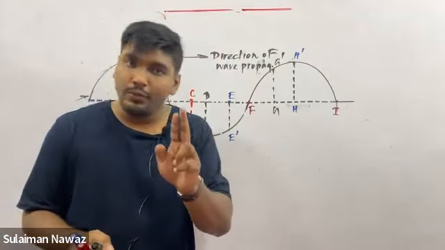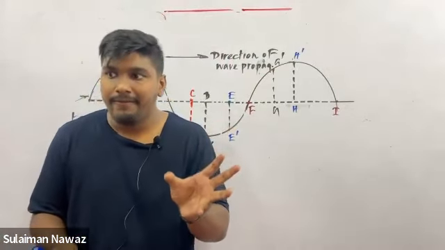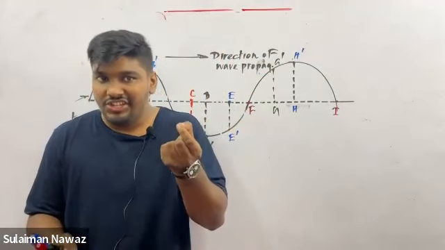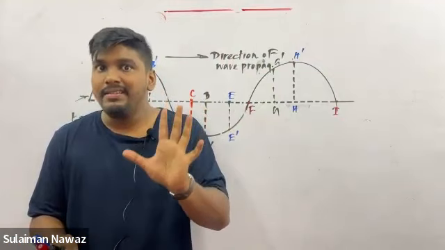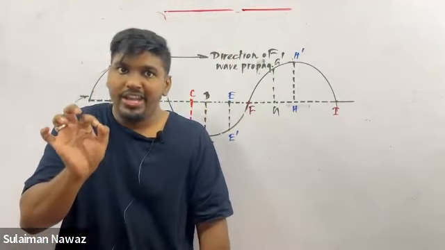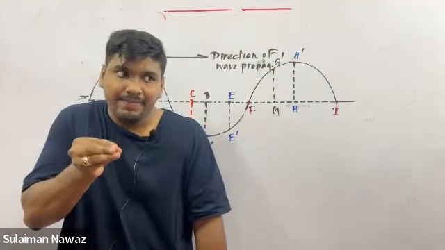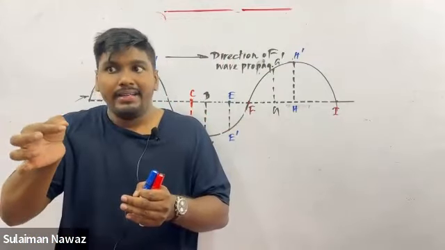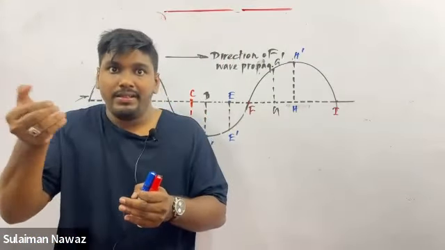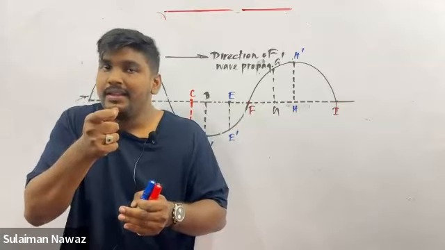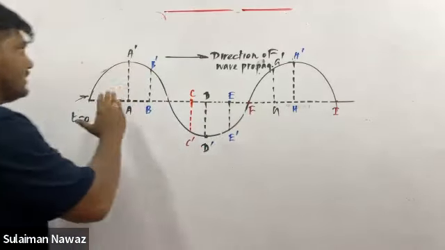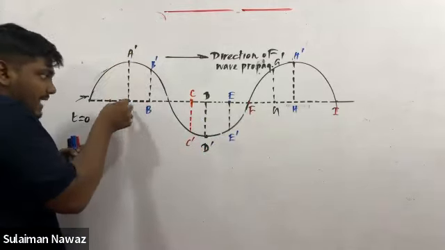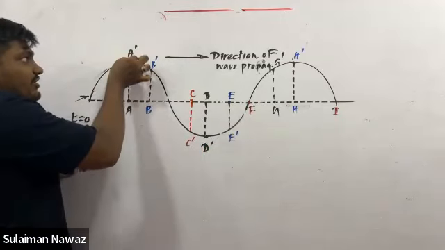Then we introduce two main names, crest and trough. What does it mean by crest? What does it mean by trough? Crest means the particle obtains maximum displacement, the maximum displacement point. When you consider capital A, the capital A particle has displaced in the maximum positive direction.